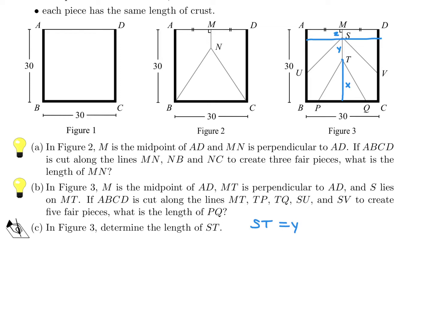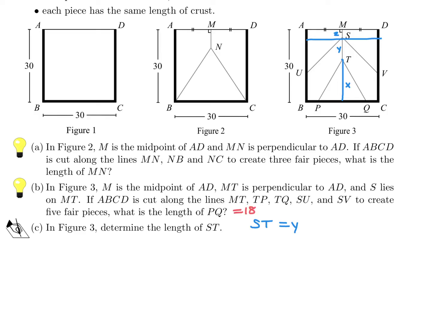Okay. Just trying to think about how to set this up here. You know what? I think we can use our values from the previous question. In the previous question, we had figured out that PQ was 18, right? Remember? PQ was equal to 18.